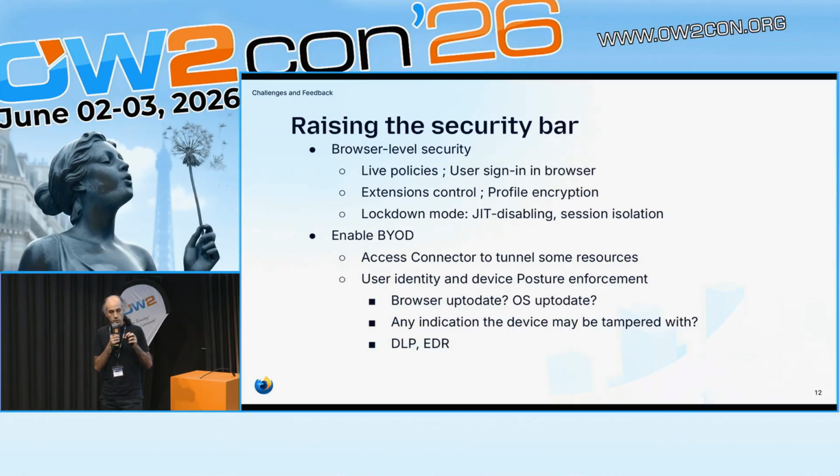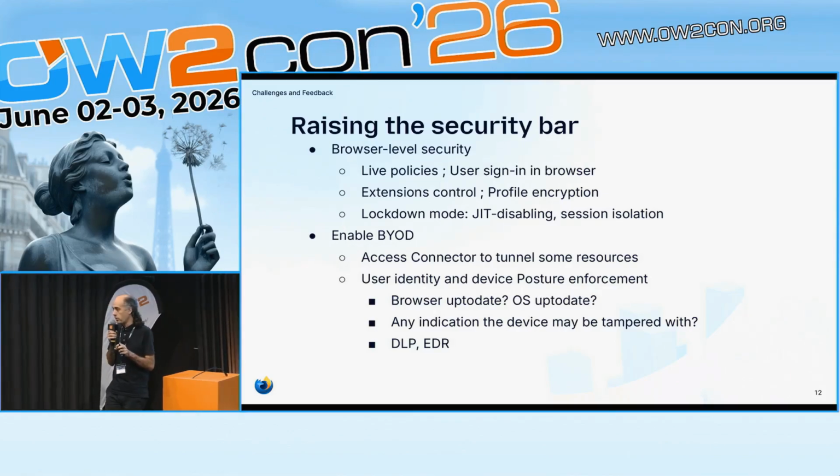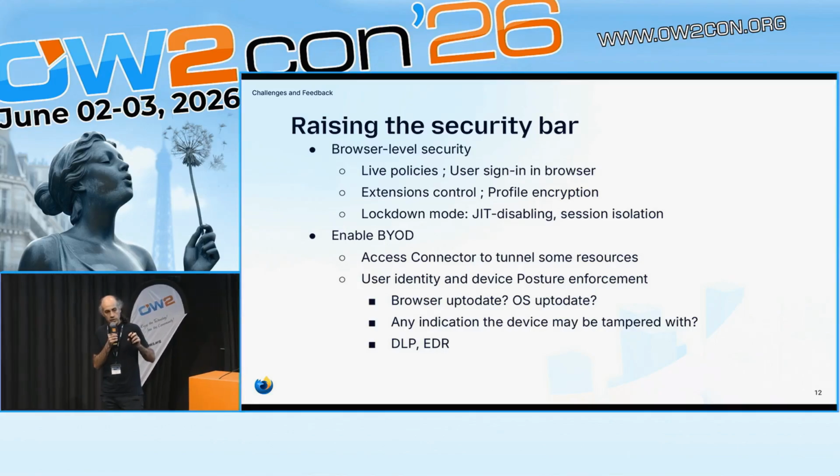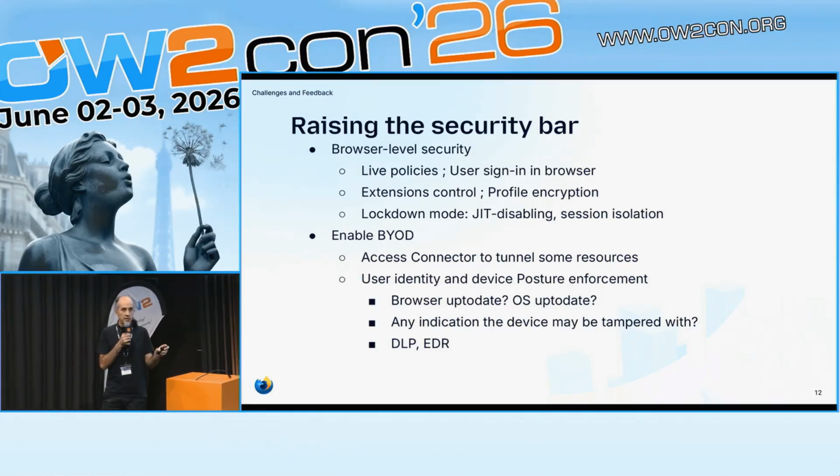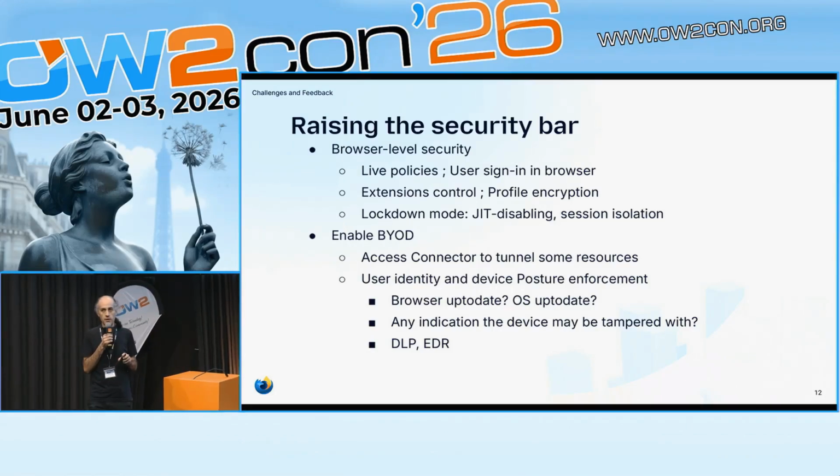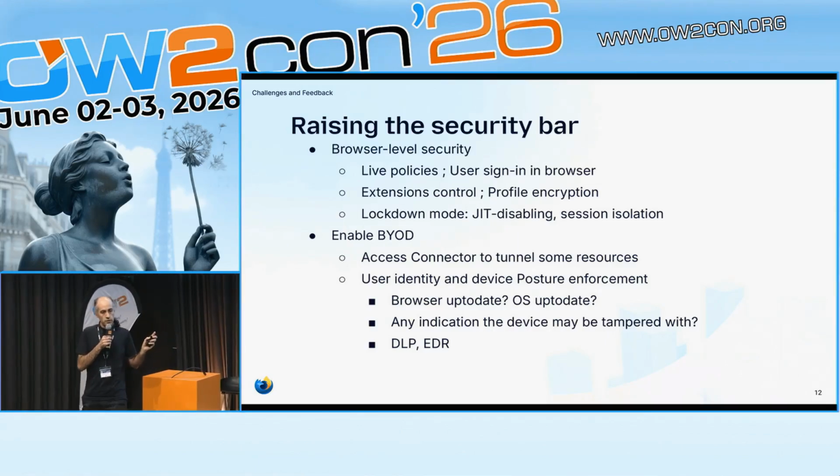The idea is really to make sure that we are reducing the attack surface of the browser. So, for example, if there's a bug that allows to spy between tabs, by disabling JIT, we are reducing the risk at that level.